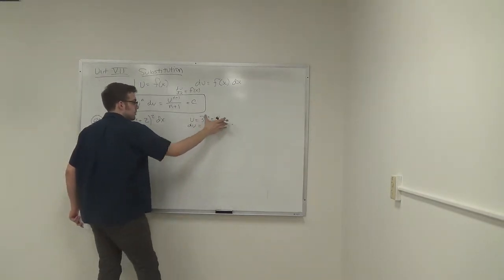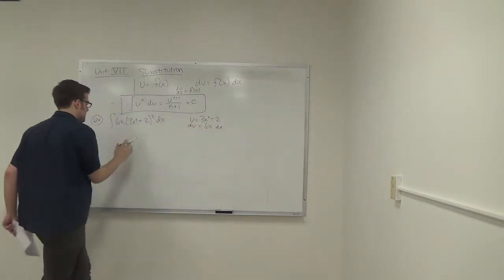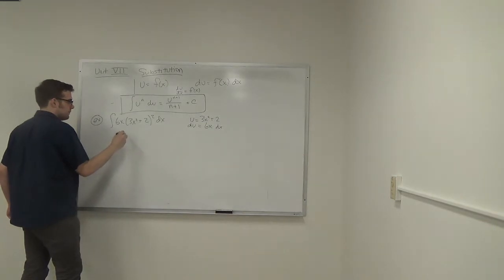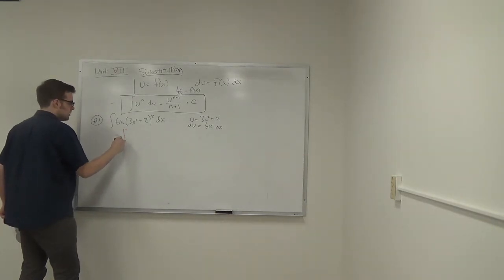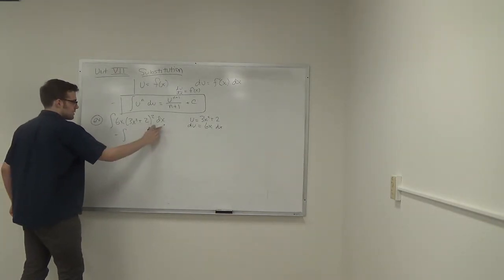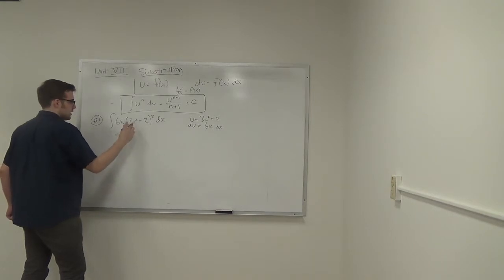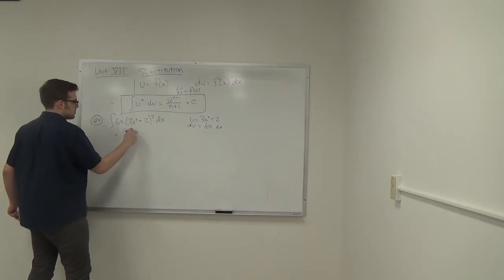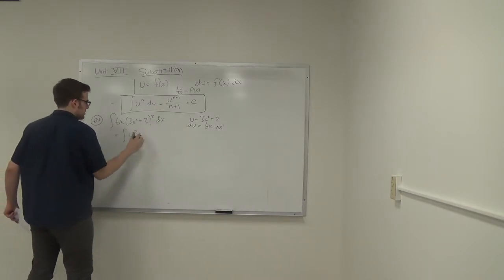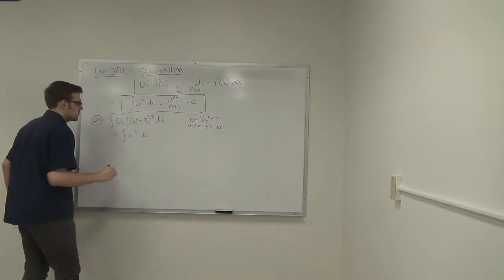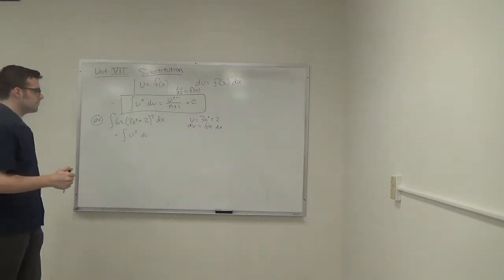And we substitute these terms into this expression, and we get the integral. So 6x dx is du, and we have 3x squared plus 2 is u. So we have u squared du. And we have a simple integral.